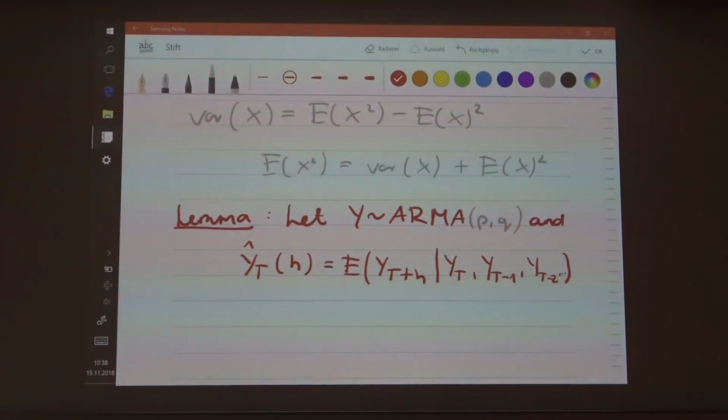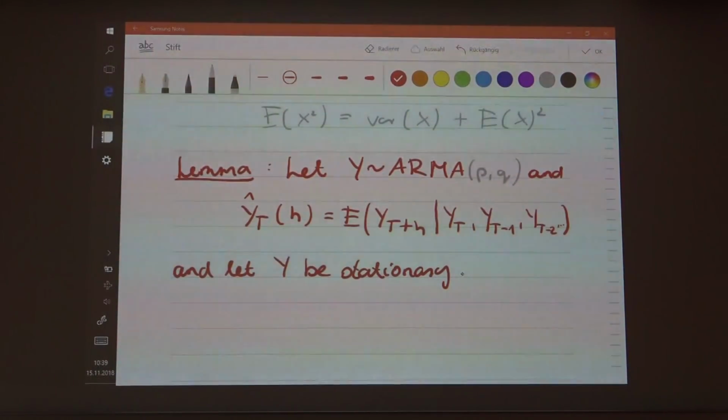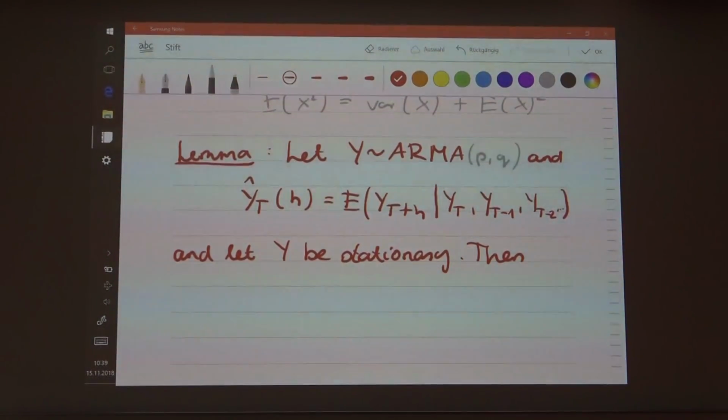Then we have the following. What is also important is that the process is supposed to be stationary, so let Y be stationary. If the process is stationary, then we have the following properties of the prediction error of this forecast.